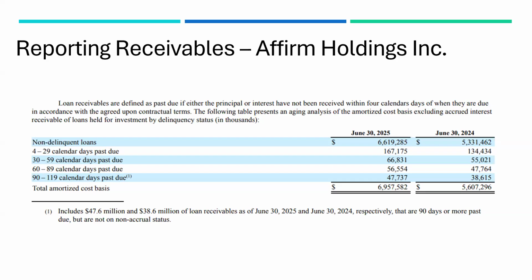Their non-delinquent loans come out to about 6.6 billion, because these numbers are all in thousands. And then as soon as someone stops making their payments, that's when the timer starts on the 4 to 29 calendar days past due. And then we have all these different amounts here.